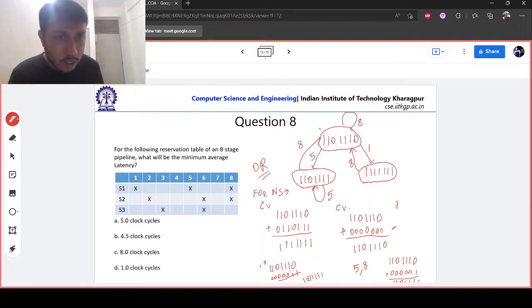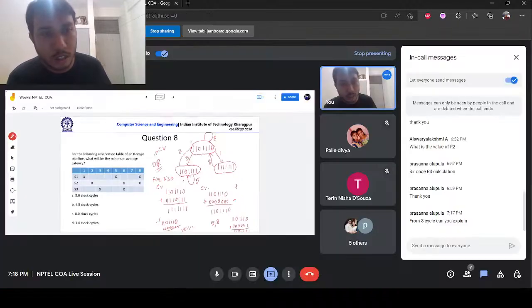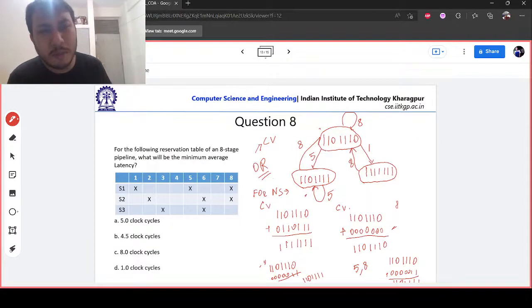And it is necessary that you always OR with the collision vector, not any other vector. If you remain in any state, at every state you will shift the value and OR the shifted value with the collision vector. So it will always come to this part only.